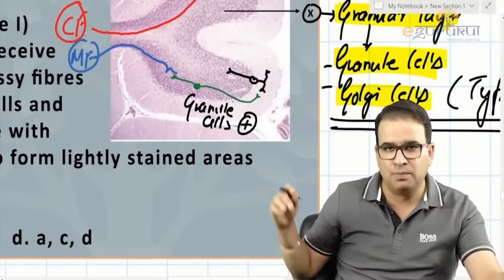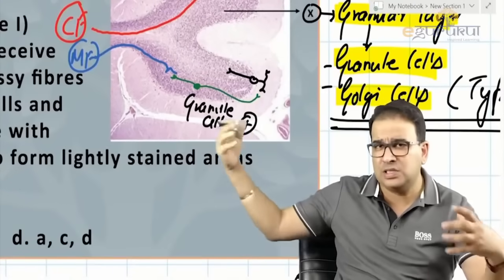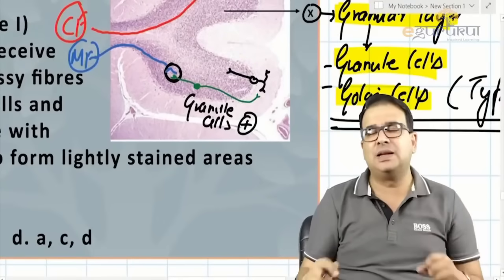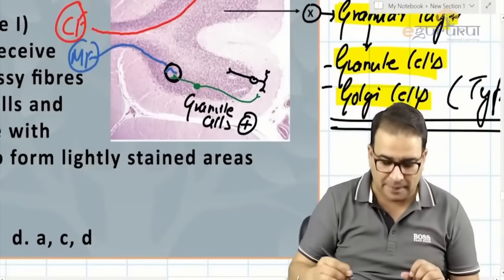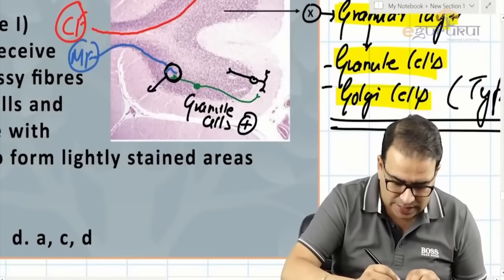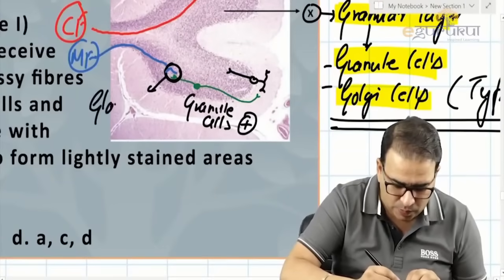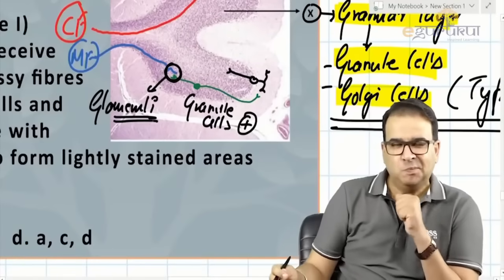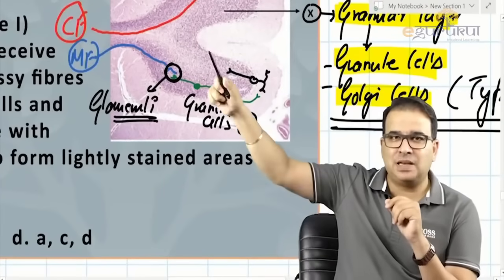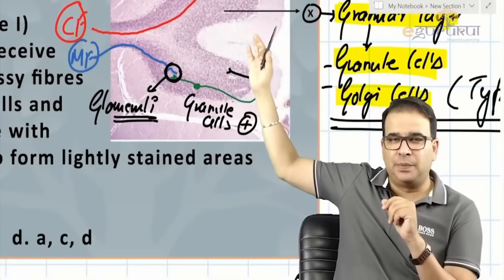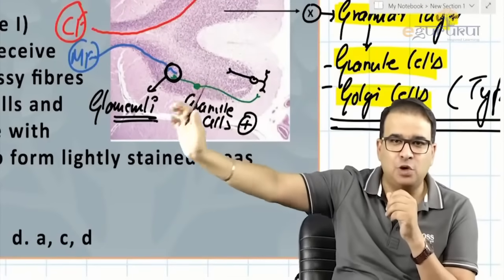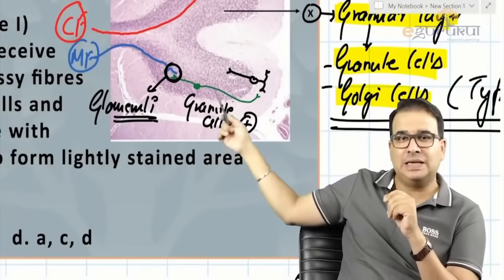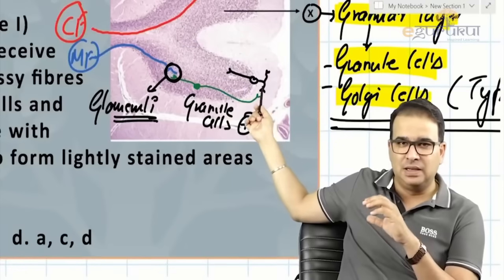And this junction between the mossy fiber, granule cells, and the Golgi cells together forms a lightly stained region in between, and that is called the cerebellar glomeruli. So what I said, climbing fibers go directly and make a synapse with the Purkinje cells. Mossy fibers reach only till the granular layer, where they synapse with the granule cells, and the granule cells in turn help them connect to the Purkinje cell.